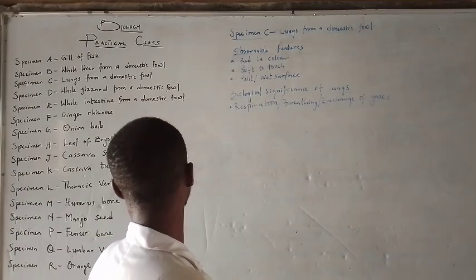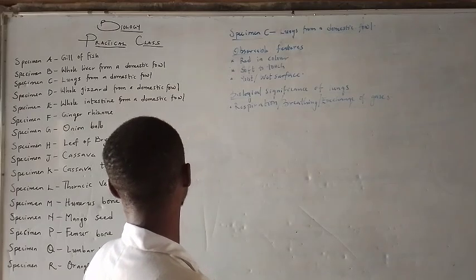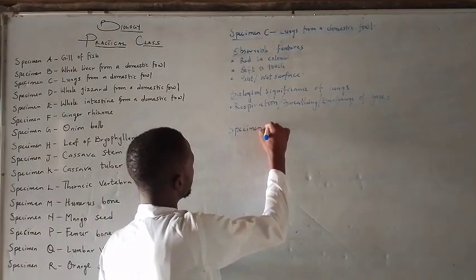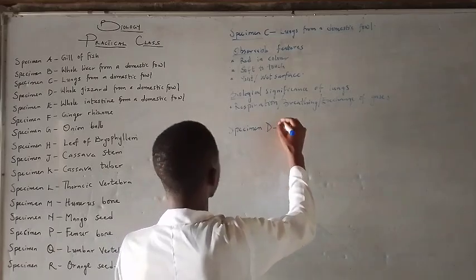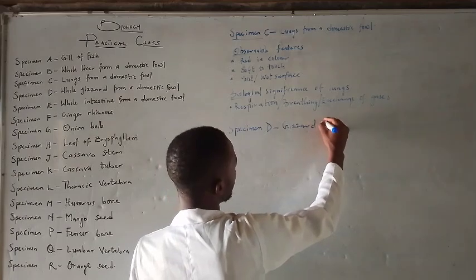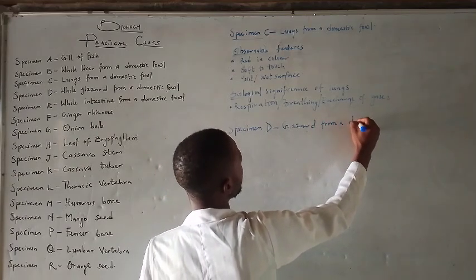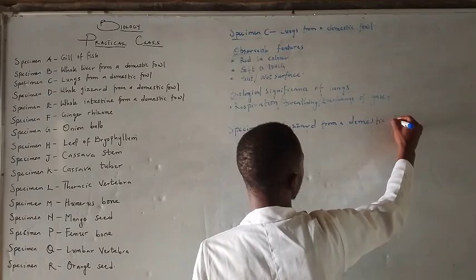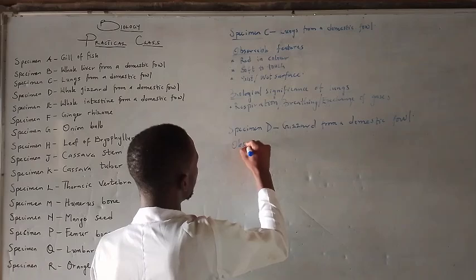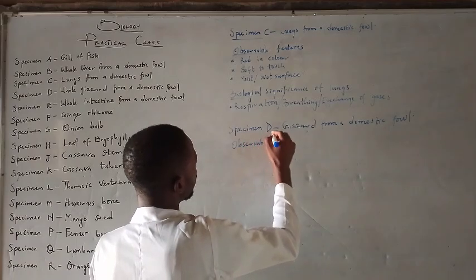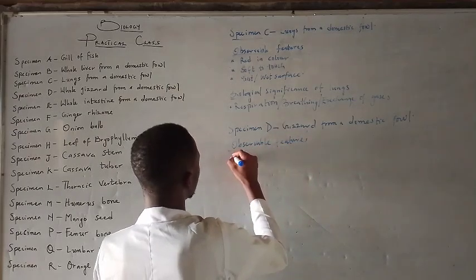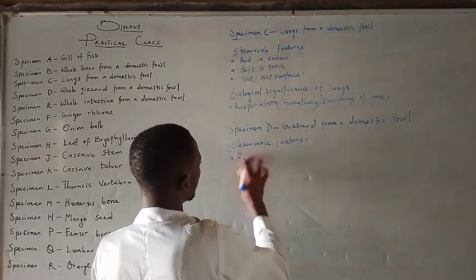Let's move to specimen D. We have gizzard from a domestic fowl. What are the observable features? Red in color as well.